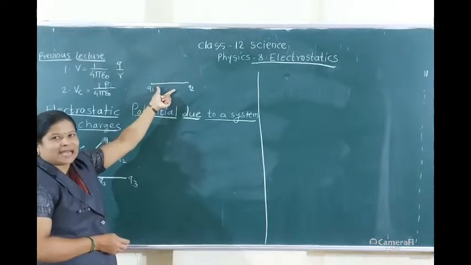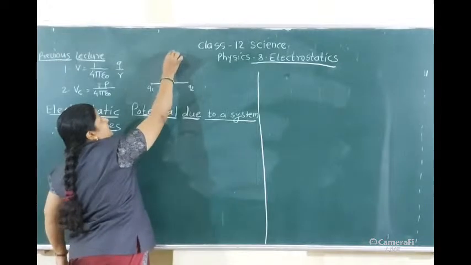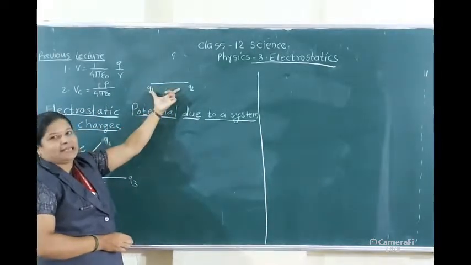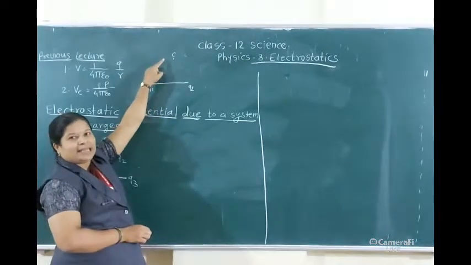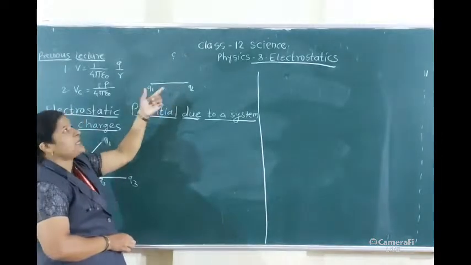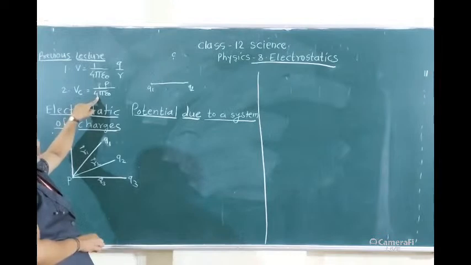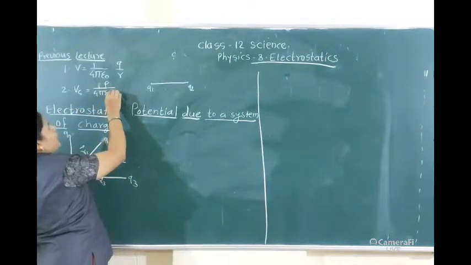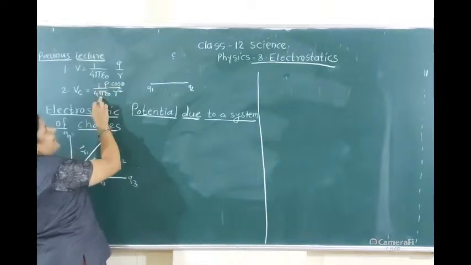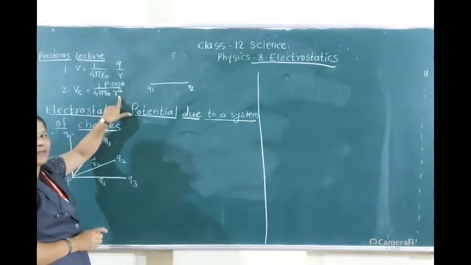From these two charges, suppose there is a point C at some distance, then we get the electric potential due to these two charges: phi C is equal to p cos theta divided by 4 pi epsilon 0 into r square.